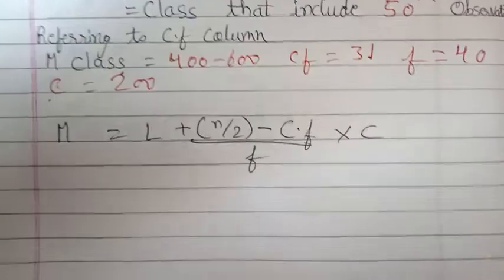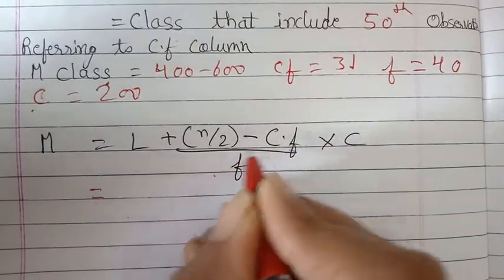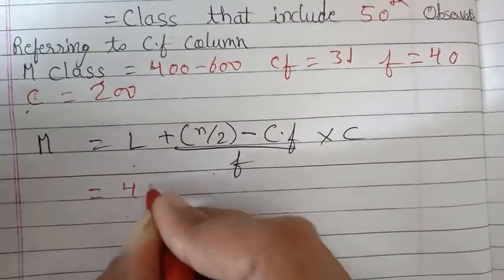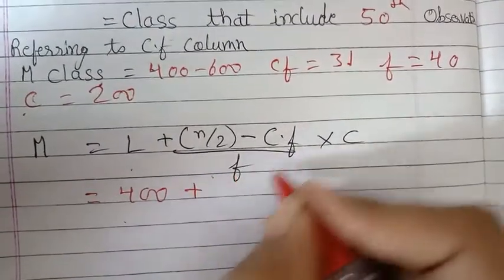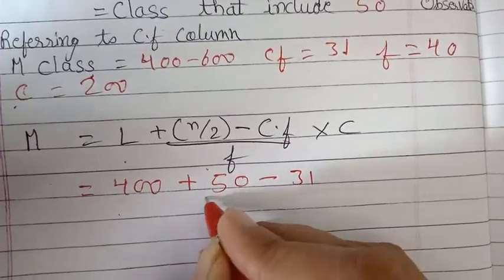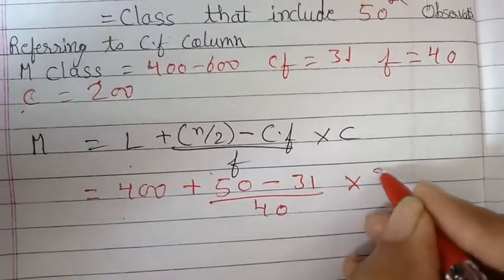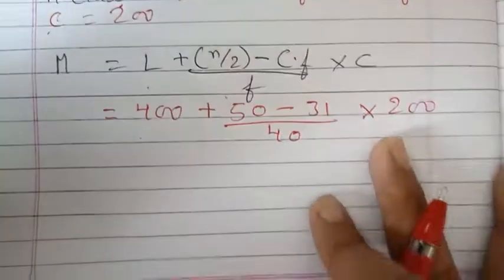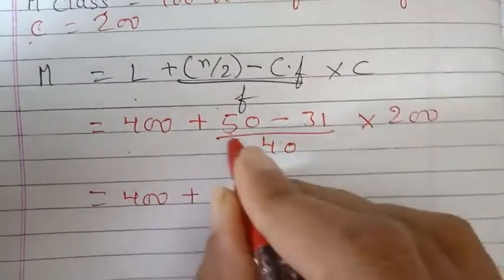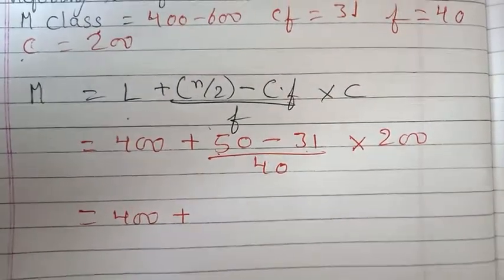We will replace all those things in our formula. So median is equal to L plus n by 2 minus CFI upon F into C. L, the lower boundary point, is 400, plus n by 2 is 50, minus CF 31, divided by frequency 40, multiplied by C, 200. That is equal to 400 plus 50 minus 31, which gives you 19.